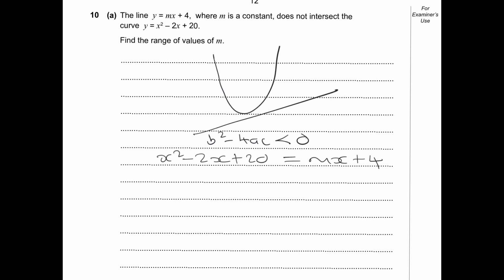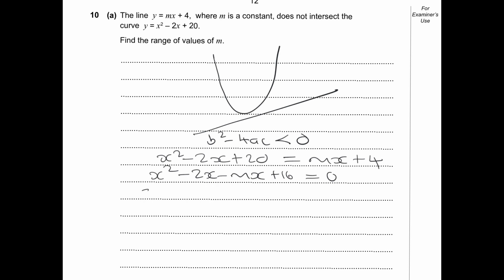And now if we bring all these terms from the right hand side to the left hand side, what are we going to have? We are going to have x squared minus 2x minus mx plus 16 is equal to 0. All right, so we then are able to extract our a, our b, our c from this equation here.